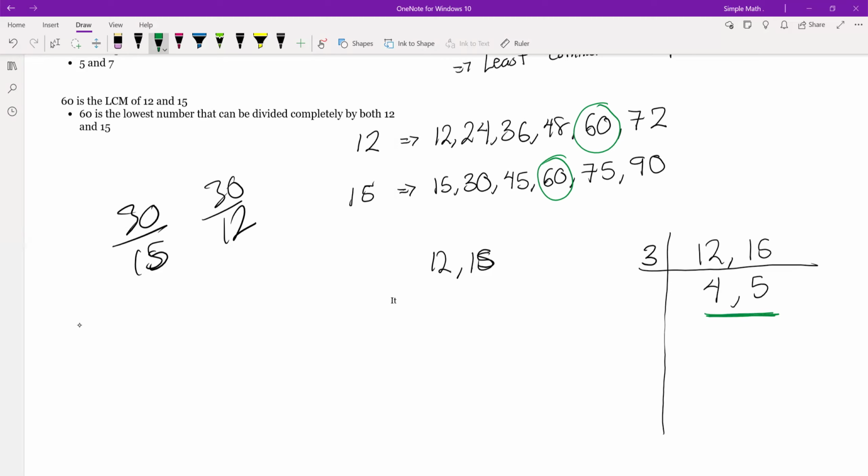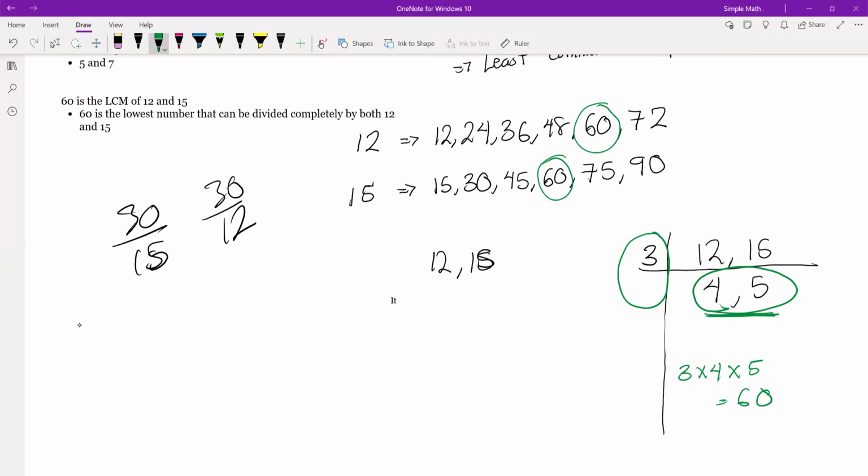We multiply the numbers outside with the numbers inside. So we have 3 times 4 times 5. 3 times 4 is 12. 12 times 5 is 60. So we've gotten our LCM as 60.